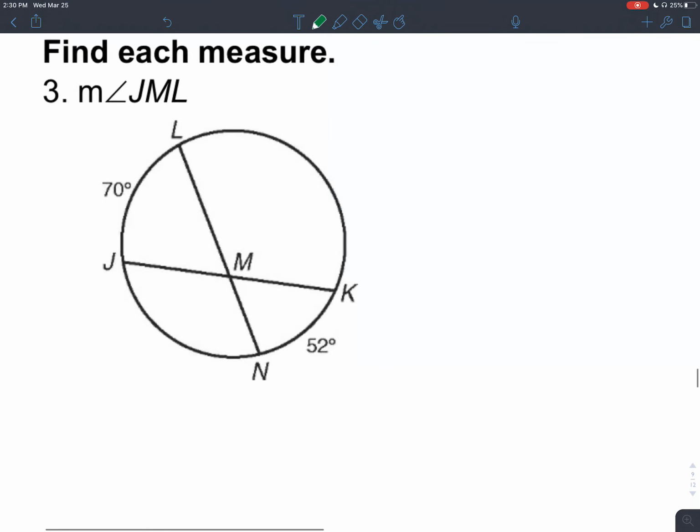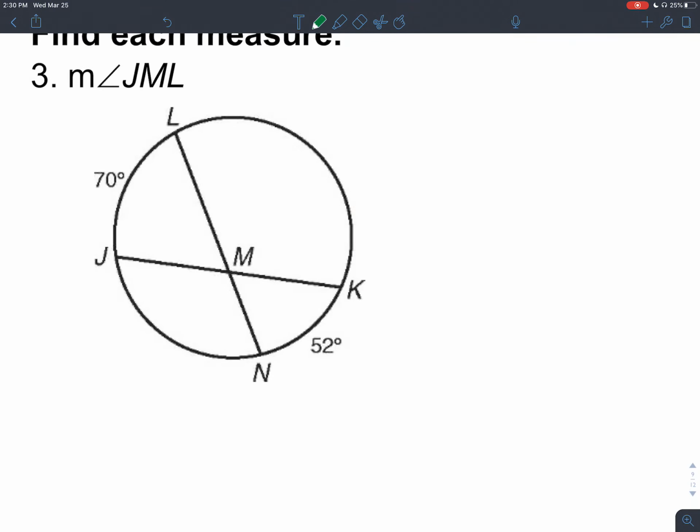Okay, so we are looking for JML, which is this one right here. The measure of angle JML, we need to do the average, so we're going to add 70 and 52 and divide by 2, or 1/2 of 70 plus 52.